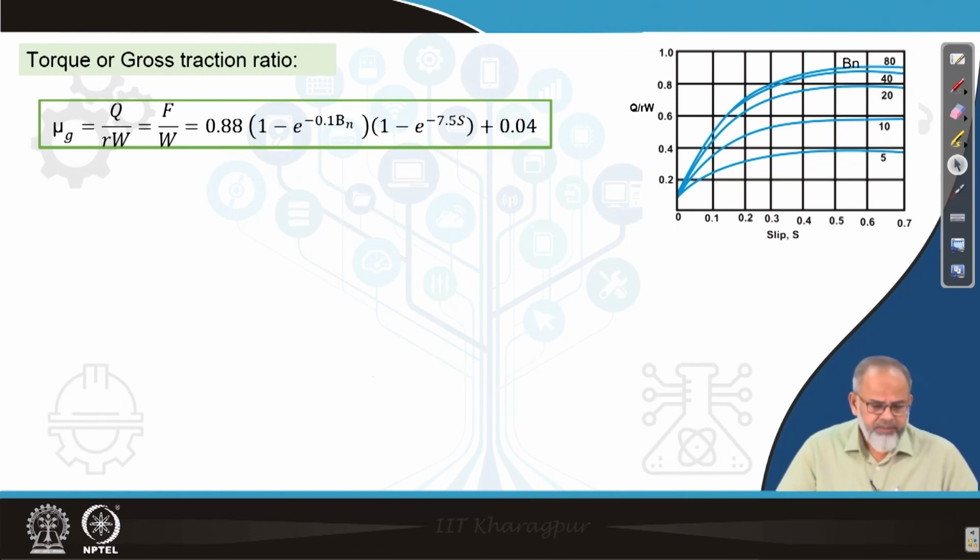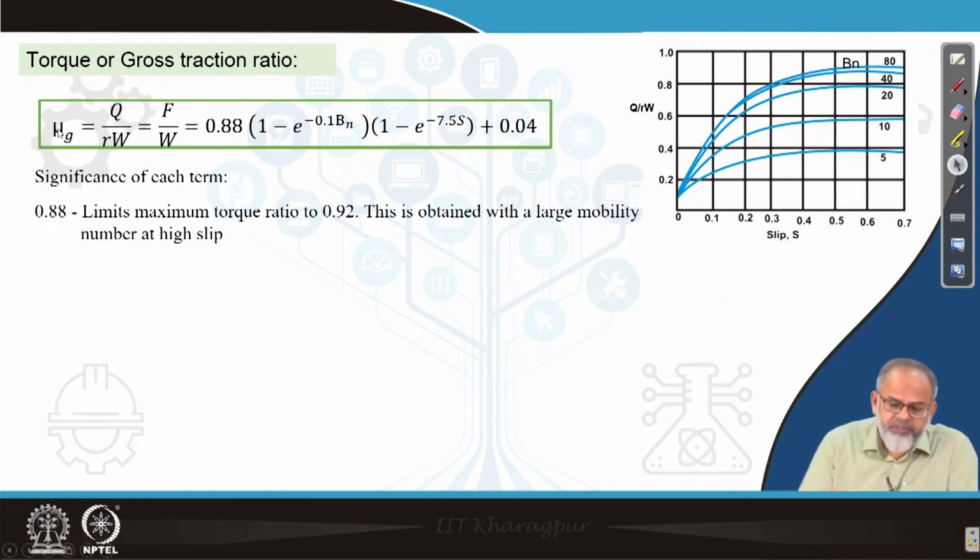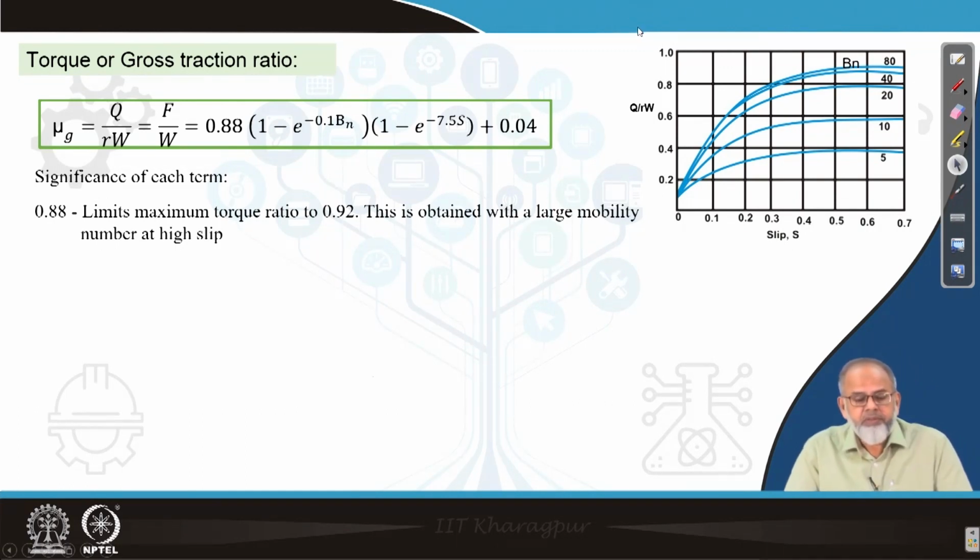Let us now see the significance of the terms included in this equation. The first is 0.88. What does it show? It limits the maximum torque ratio to 0.92. 0.88 and 0.04, if you add, that becomes 0.92.